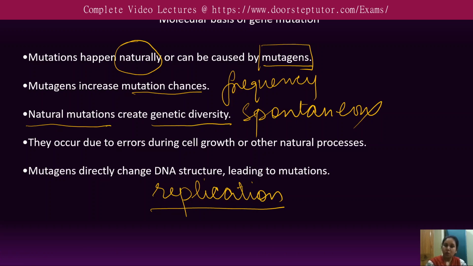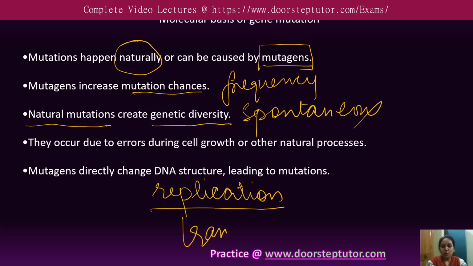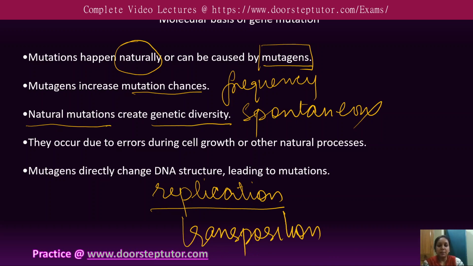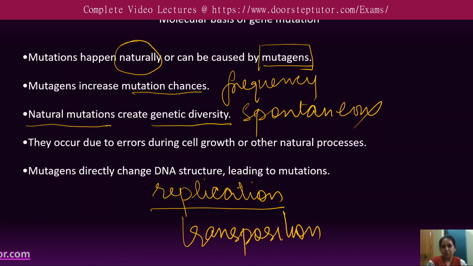That is also a cause of mutation. Sometimes spontaneous lesions are there, and also the transposition of transposable elements during normal cell growth. So these are generally the causes of natural or spontaneous mutation. Generally they occur due to errors during cell growth.